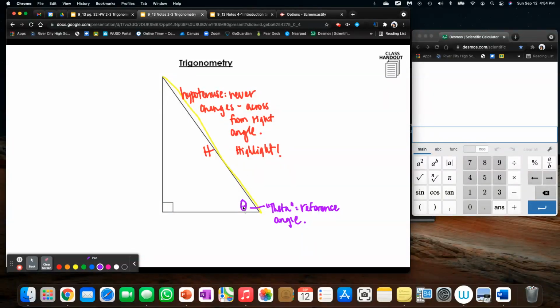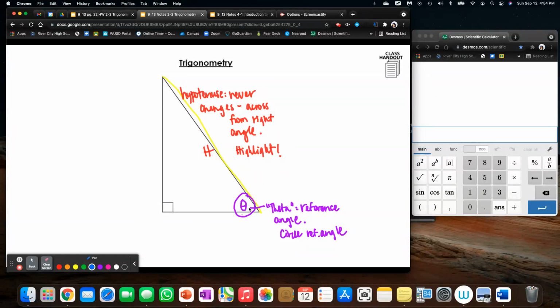We highlight our hypotenuse, and for the reference angle, I like to circle it. Based off of wherever theta is, that's how we're going to label our other two sides.